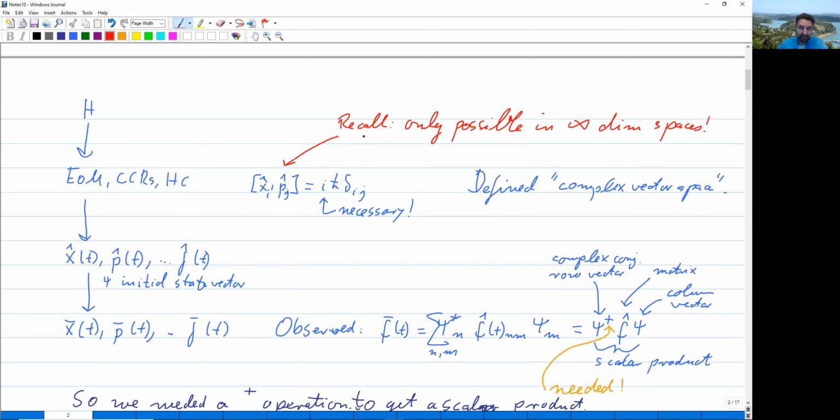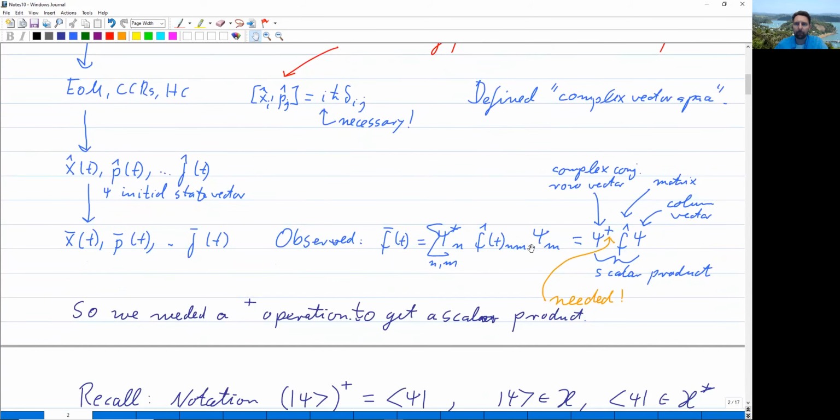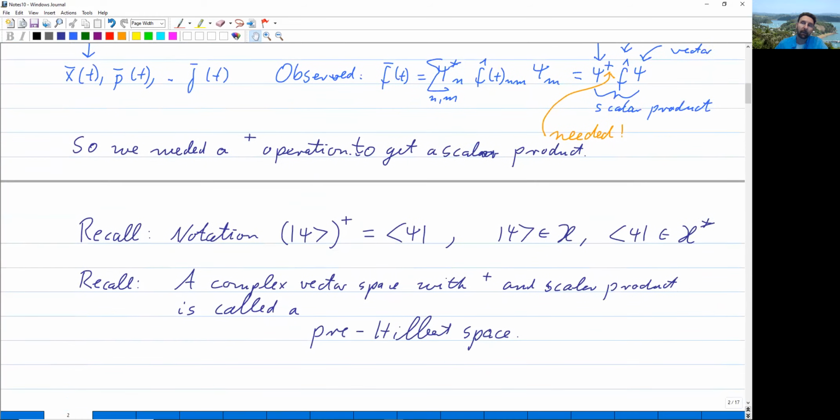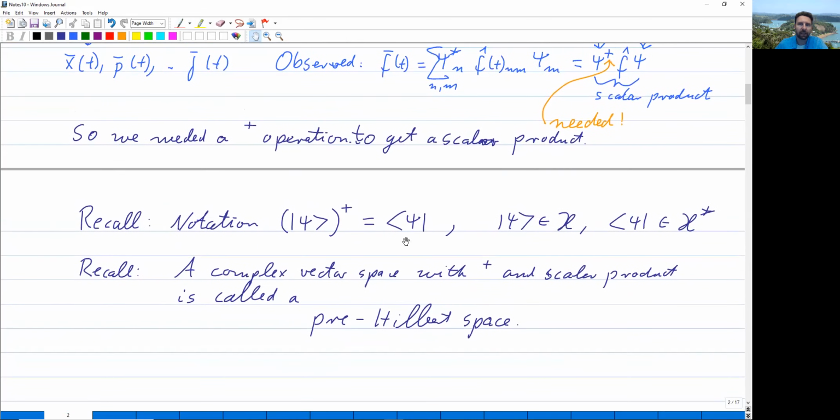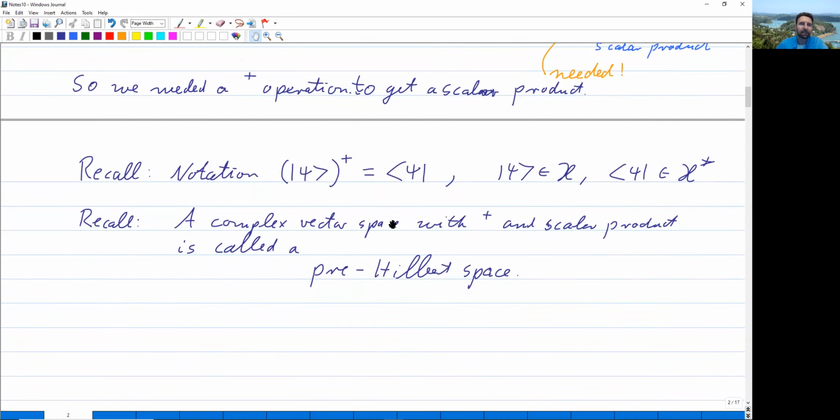This means that it's not enough to just define a complex vector space that has Hermitian conjugation and a scalar product. No. These so-called pre-Hilbert spaces are not quite enough, because we are dealing here with infinite dimensional vector spaces. And for infinite dimensional vector spaces, we need to care about summing up infinitely many vectors and sequences of infinitely many vectors.